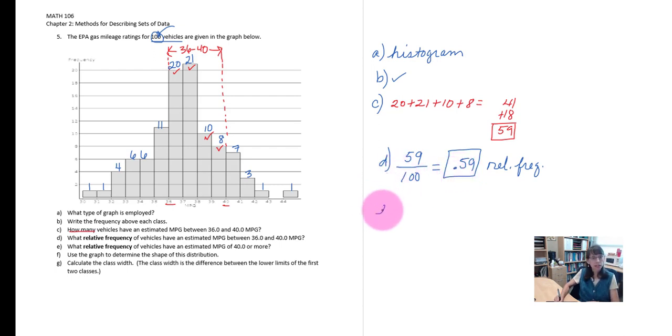Part E. What relative frequency of vehicles have an estimated miles per gallon of 40 or more? So this time we again are identifying 40 or more, so including 40 and higher. So that would be from 40 to the end. Those numbers would be 7 plus 3 plus 1 plus 1.